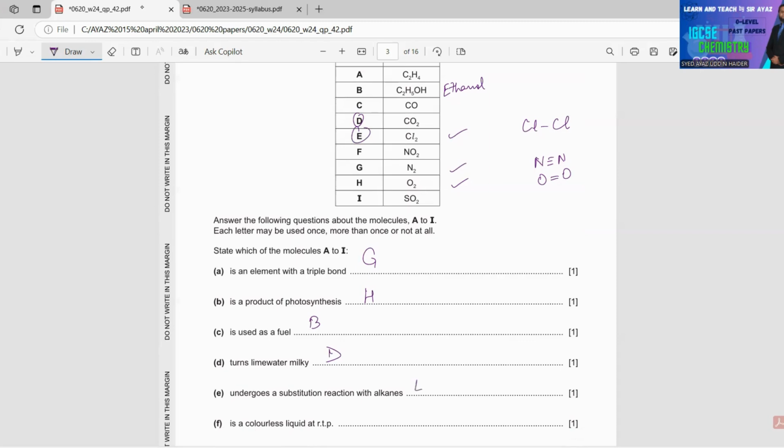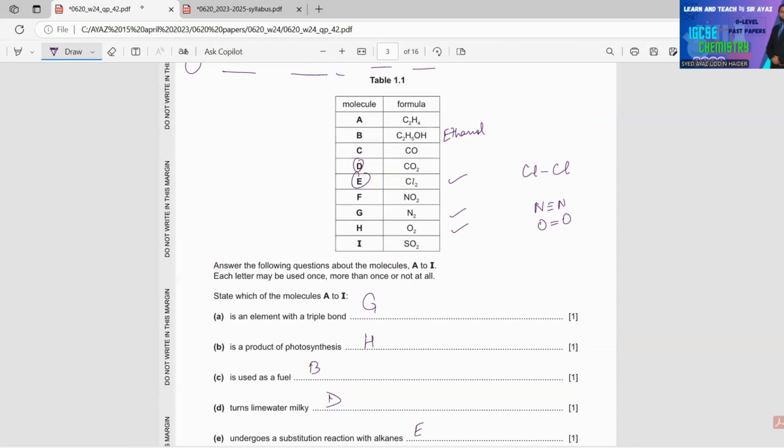So it must be E. F is a colorless liquid at RTP. RTP is room temperature and pressure. We have only one liquid in this list, and that is ethanol. It's a colorless liquid at RTP. So B will be the final answer for this one.